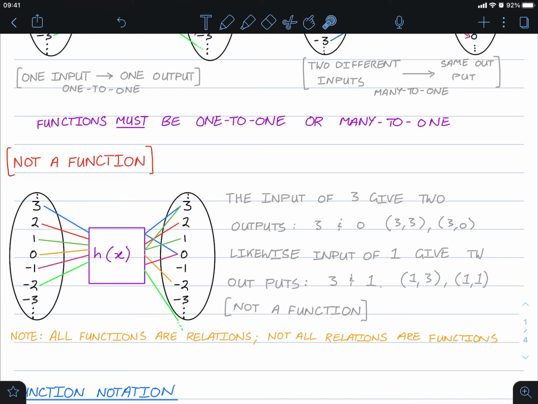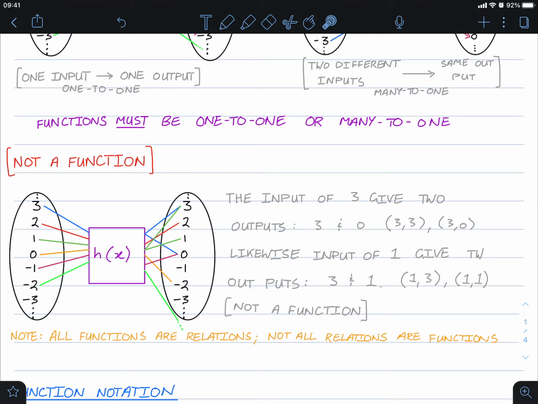For the exact same reason, when we input the number 1 into this relation, notice how we didn't call it a function. If we input 1 into the relation, it outputs 3 and 1. So the ordered pairs we get are (1, 3) and (1, 1). One input, two different outputs.